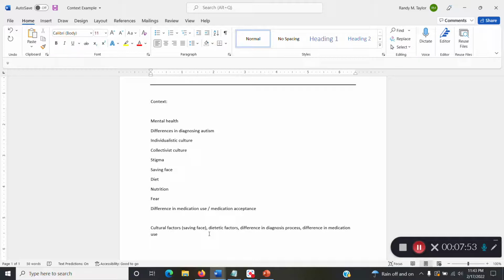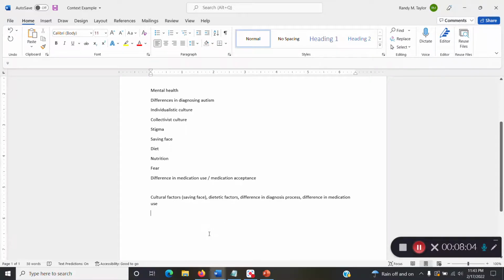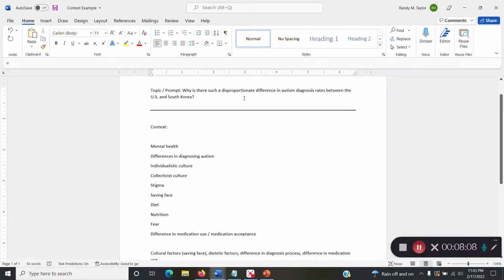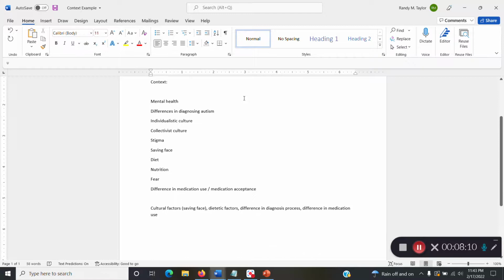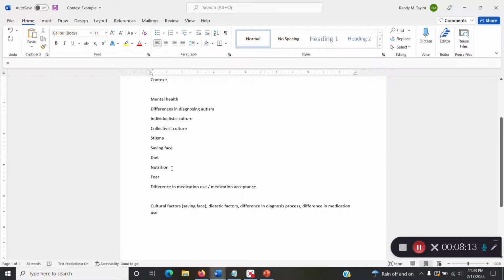Then we can start narrowing this, or make it as a funnel. We can take these ideas, examine them, and see how they're similar and how they're different. But if I were to write about this in a response and say, why is there such a disproportionate difference in diagnosis rates, I would try to group these items into 3 different categories: cultural factors, dietetic factors, and medical factors.